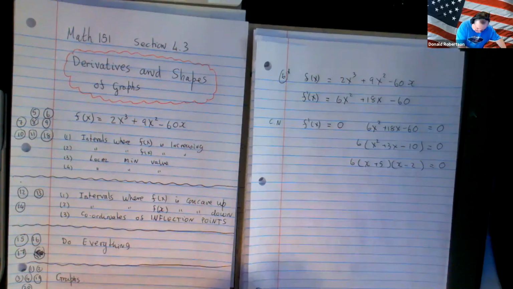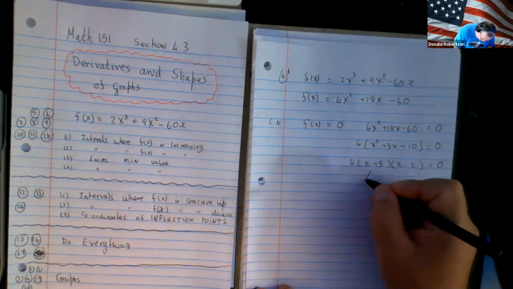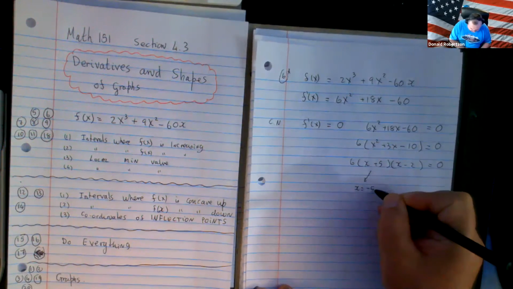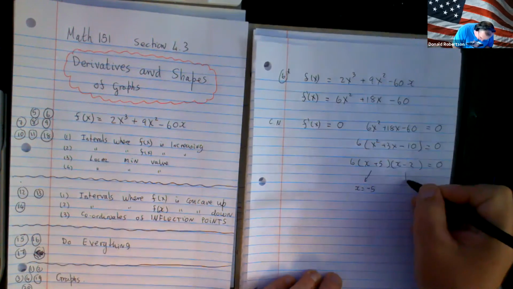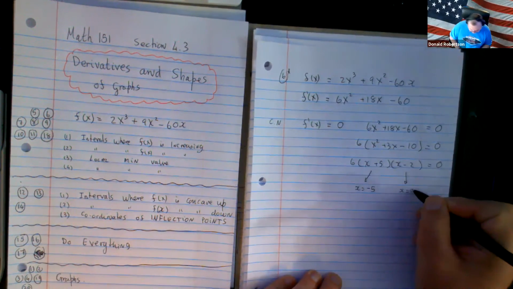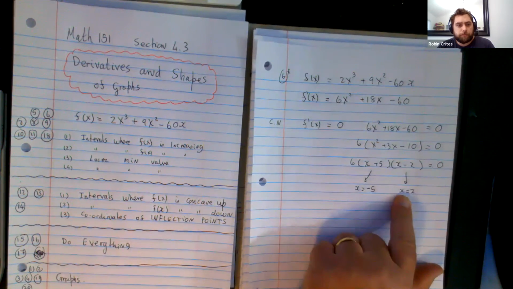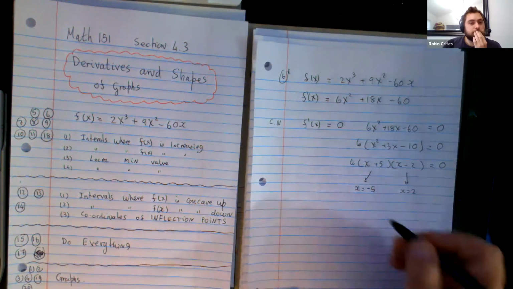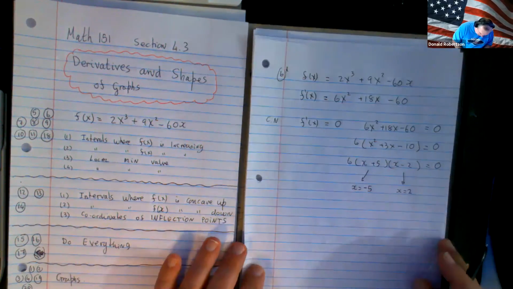Which means we now have 2 solutions. This factor equals 0 when x is -5, and this factor, isn't it 3? Because 6, oh no, there's no variable in front. That's right. Okay, we're good. It's worth checking because I do make mistakes.